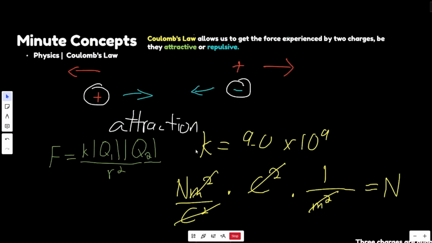So that's all for this video. Basically, Coulomb's law is something that we use to determine the electrostatic force between two charges. And we can use it to derive the value of one charge, the distance between charges, or again, simply plugging in the values, we can also get the force.